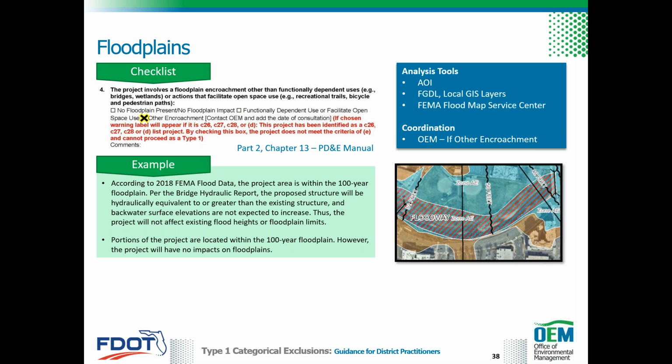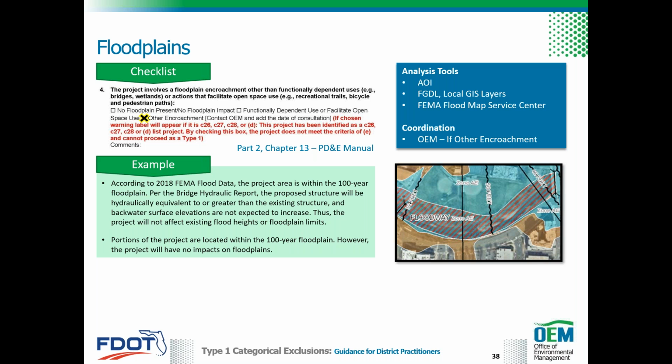The last checkbox here is for any floodplain impact which cannot be classified as a functionally dependent or facilitate open space use. Now, if this box is chosen for one of those C26, 27, or 28 or a D-list project, then the red warning label is going to appear and OEM consultation is required.